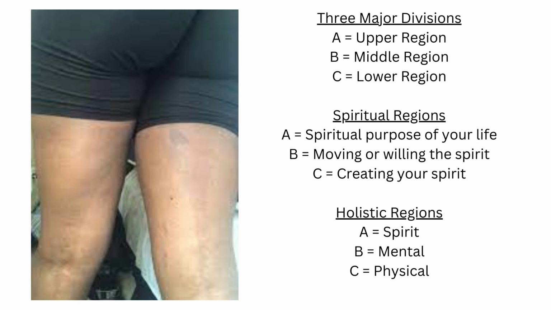B is about moving the spirit, right? Thinking our spirit through, making it move, making a mental intention to move. And then A is spirit, just your purpose. Okay. So I know, we're a spiritually based institution, so you want to make sure you tap into these spiritual regions as well.